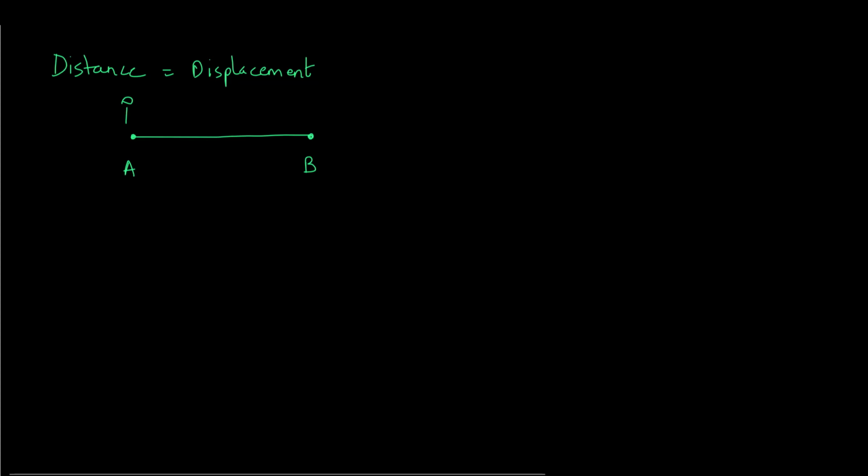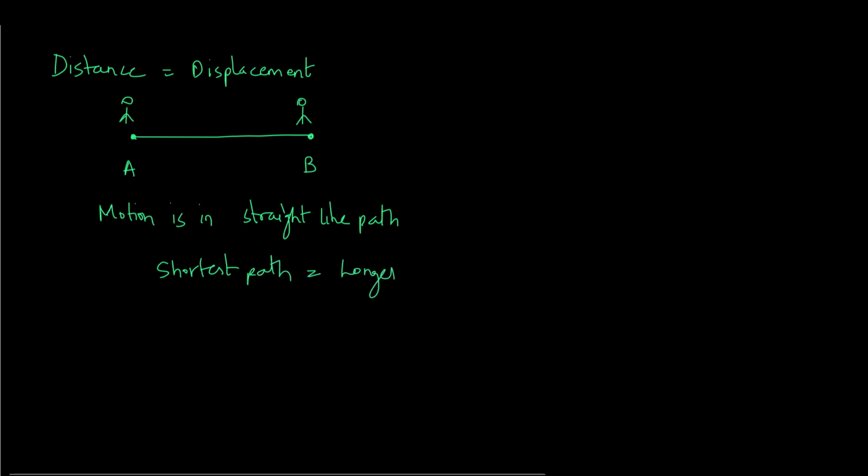The person is moving from position A to position B. So distance and displacement are equal when your motion is in a straight line path. Because your shortest path and the longest path are the same, then you can say distance is equal to displacement.